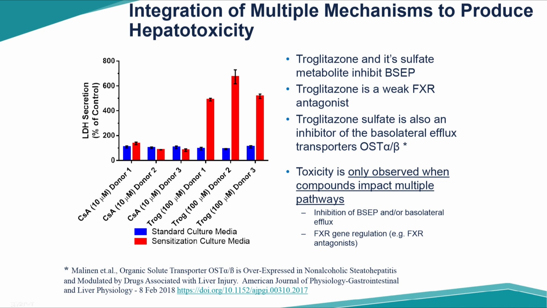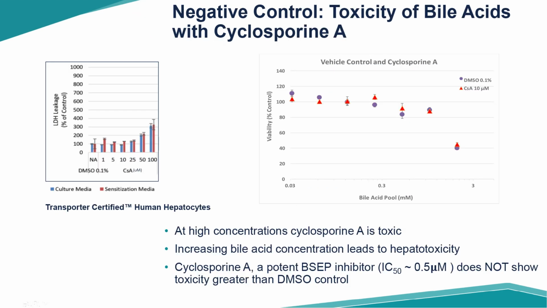So it's hitting all the pathways that the hepatocyte has to respond to this initial insult of BSEP inhibition. And so that's why you see a lot of toxicity with that. I mentioned cyclosporin is our negative control.